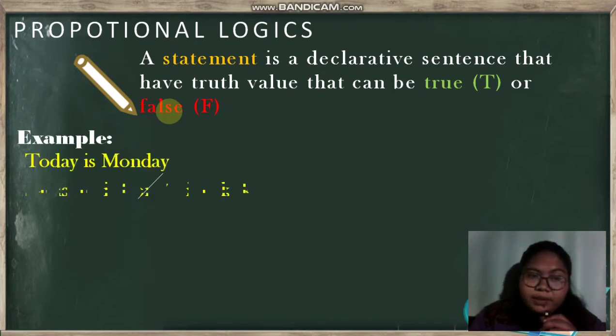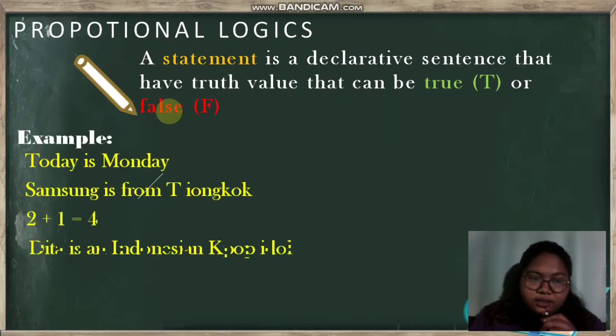Here we have some examples of statements. First, today is Monday. This is a statement because it can be true or false. Then, Samsung is from Tiongkok. This is a statement too. Samsung is from South Korea, so this statement is false.